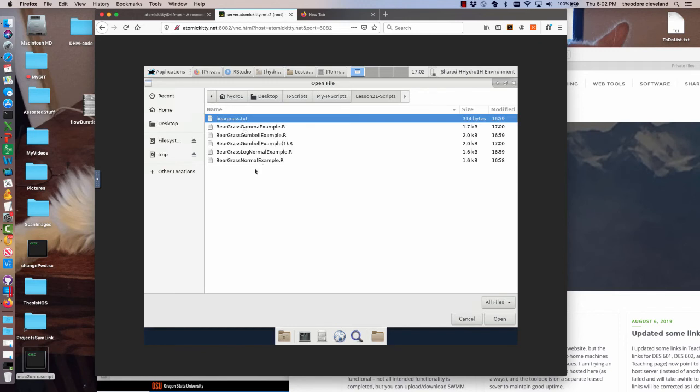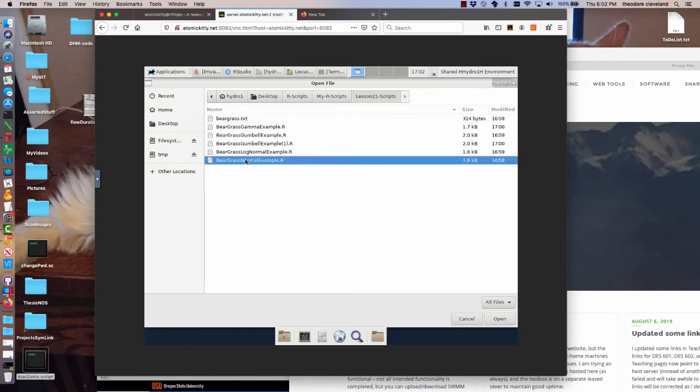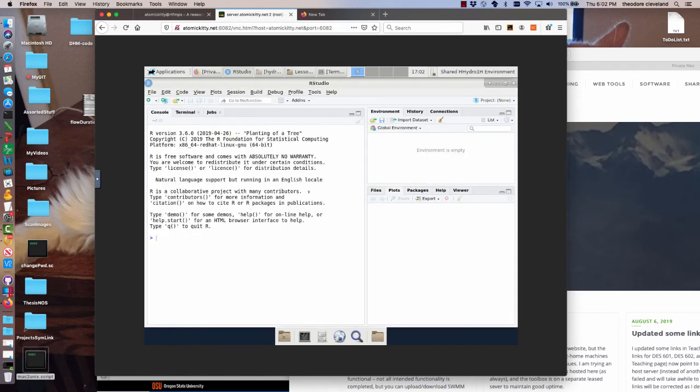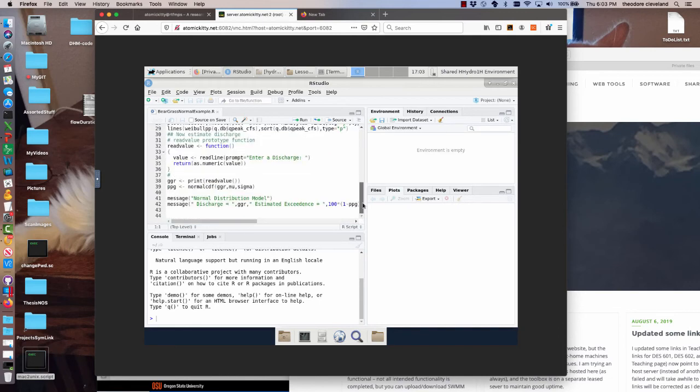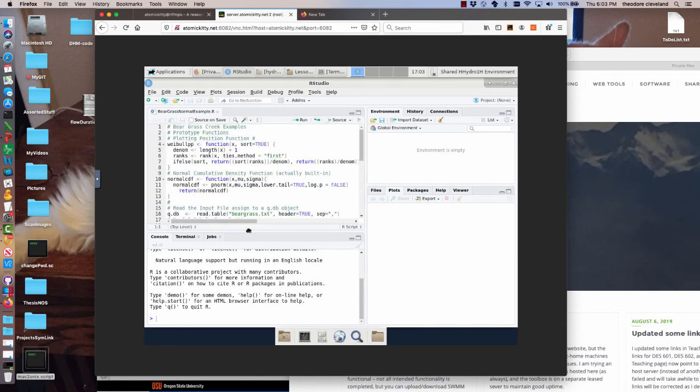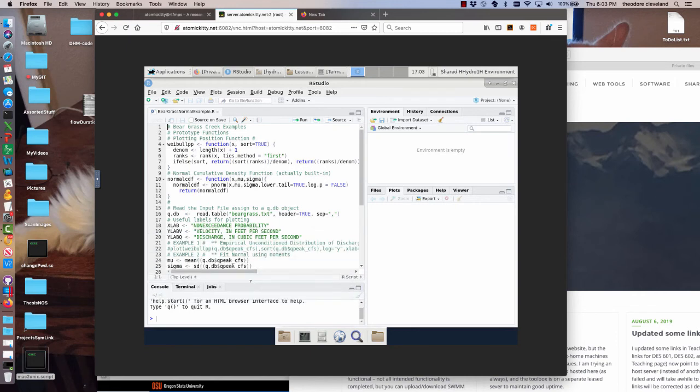We'll start with normal distribution, as good as any. Actually, yeah, we'll just do the normal. Okay. So here is a script to do the normal distribution. It's a typical R script, and we'll just briefly look at the contents and then run it.